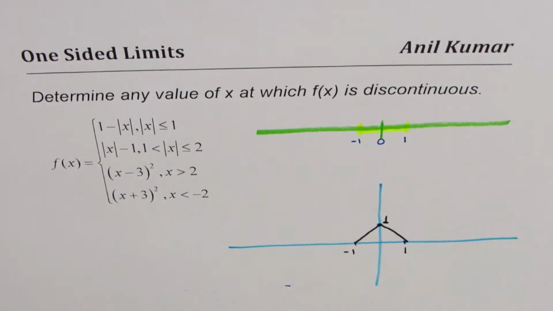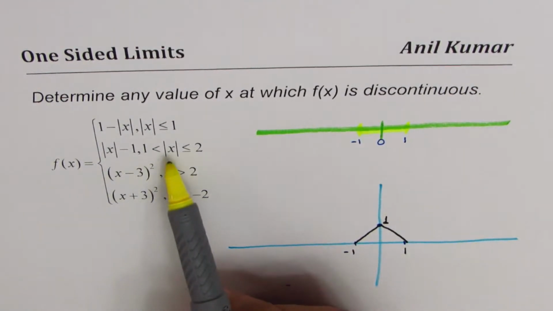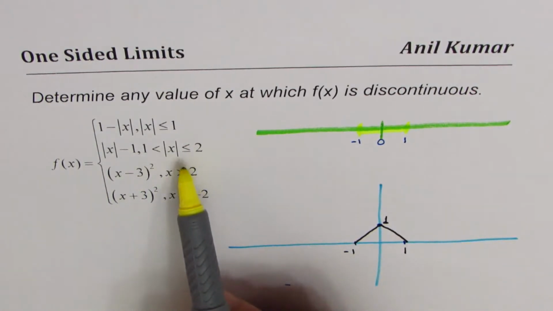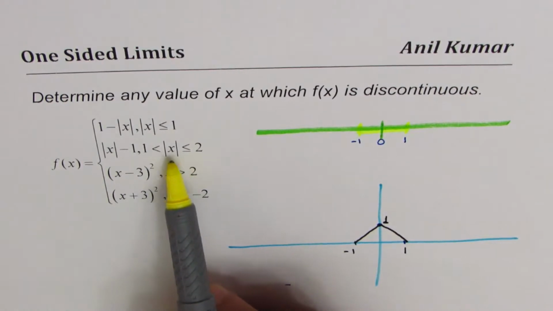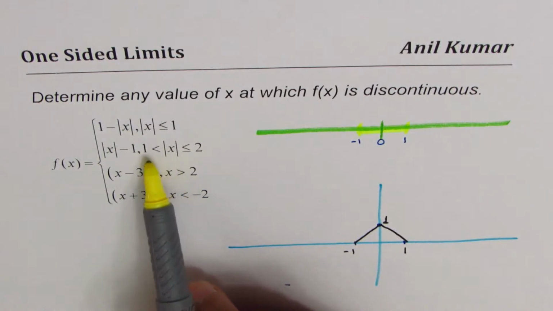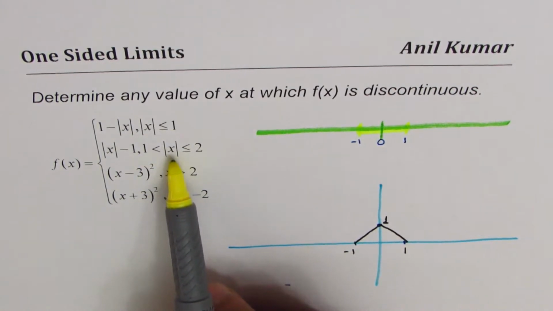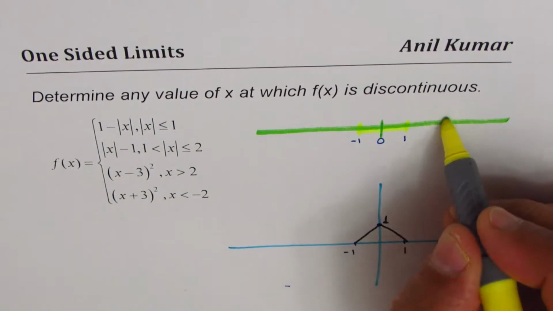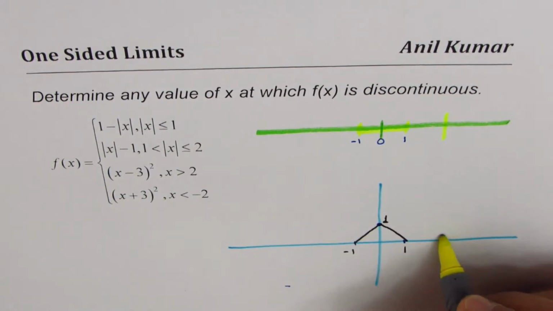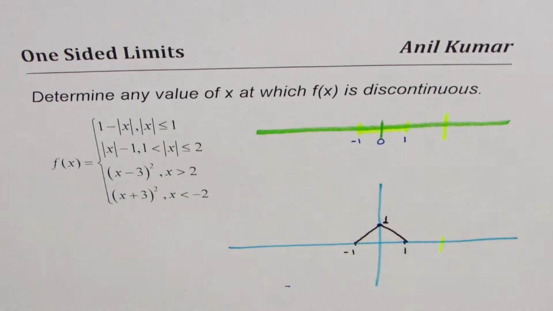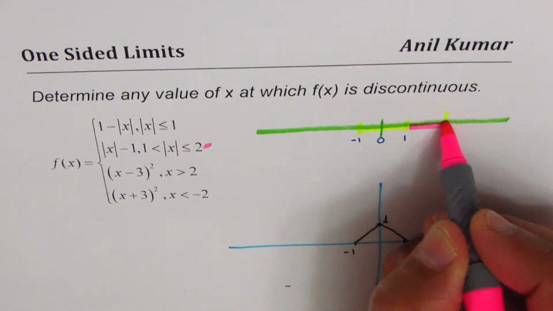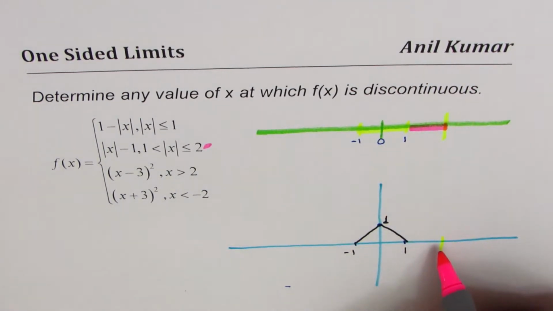Now let's get back to the other interval, when absolute value is greater than 1 and less than or equal to 2. From 1 to 2 is very simple to consider. So we're talking about this portion, 1 to 2.